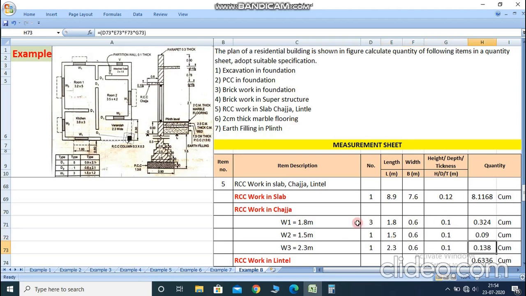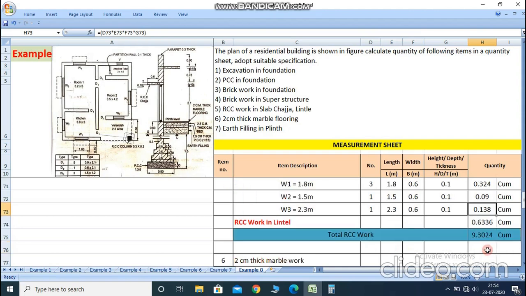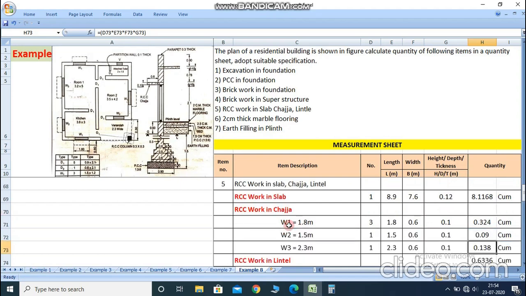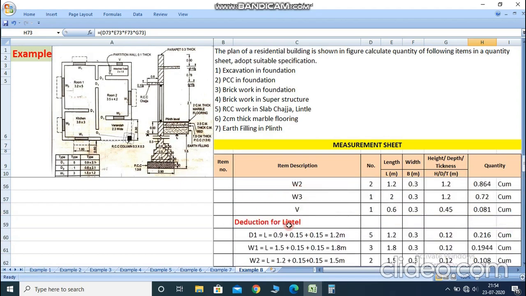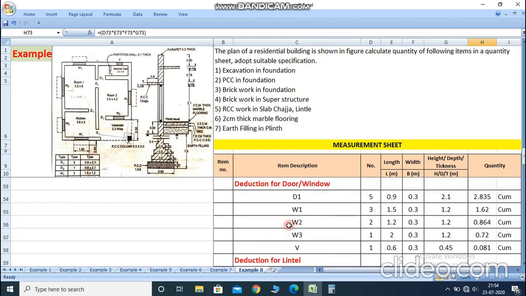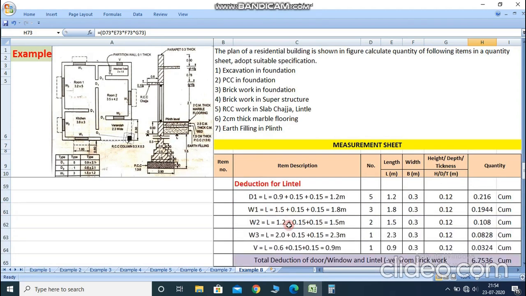So here, multiplying all four values, we got the answers 0.32, 0.09 and 0.138. So it's a summation, and RCC work in the lintel. The lintel portion is already calculated here.